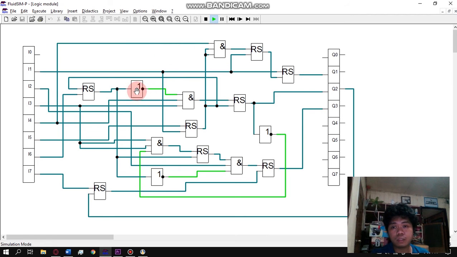The NOT block functions as an inverter in which a high input generates a low output while a low input generates a high output. The SR latch is a component which is dependent on the logical state of both S and R inputs.